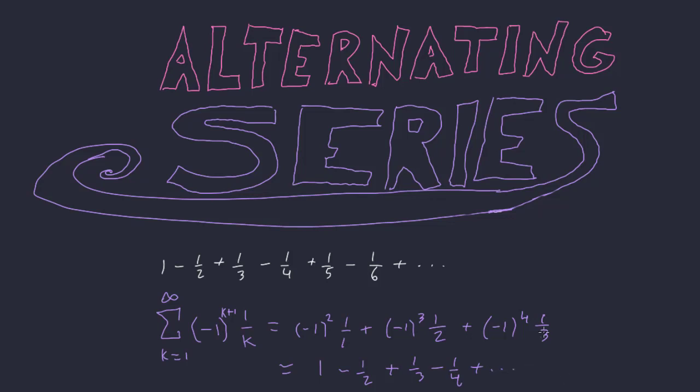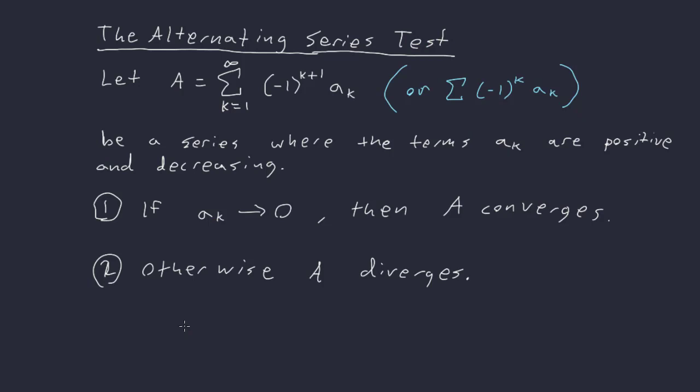Okay, so alternating series tend to have an alternating piece, a piece that alternates between positive and negative. So if we have an alternating series, say A in this case, which is a series k going from 1 to infinity of negative 1 to the k plus 1 times ak, or it could be negative 1 to the k.